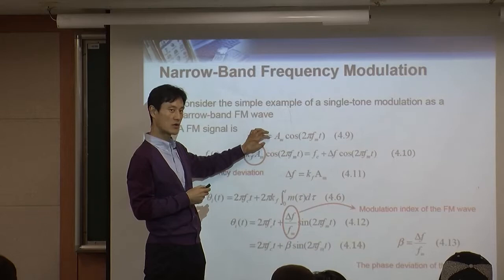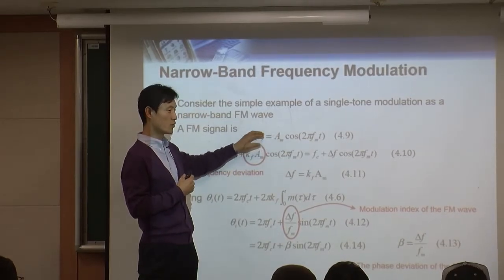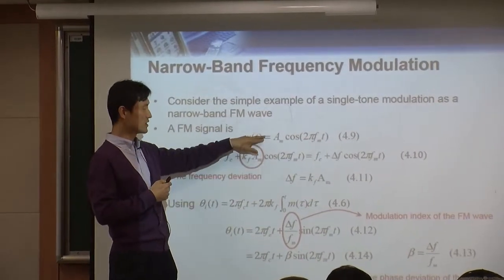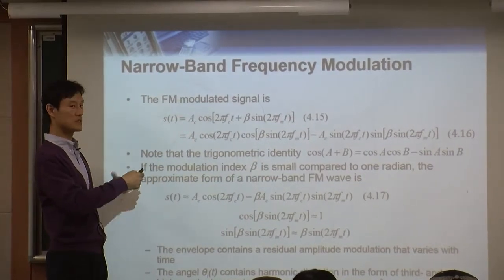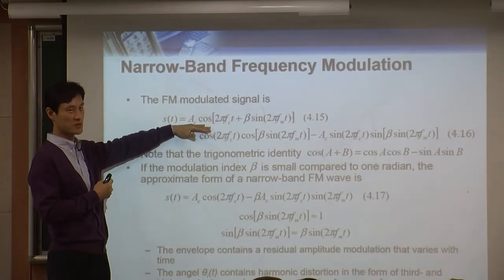This one was our message, the single tone message. Using this message, we want to do the FM modulation. Once you do the FM modulation for this message, you get this, right? So this is the signal we transmit over the air. We always start from here.